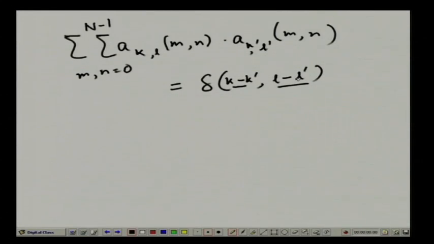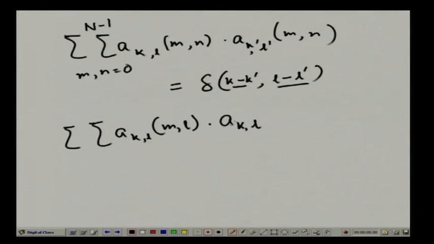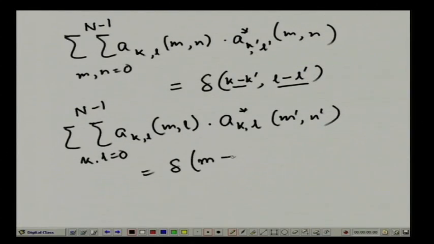And the completeness says that if I take the summation of A k L m n into A star k L m dash n dash, where the summation is taken over k and L equal to 0 to capital N minus 1, this will be equal to the Kronecker delta function m minus m dash and n minus n dash.